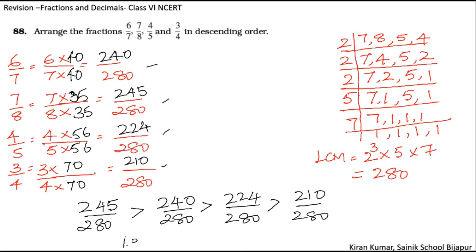That is, 245 by 280 is nothing but 7 by 8, greater compared to 6 by 7, which is greater compared to 4 by 5, which is greater compared to 3 by 4. Remember friends, this is the method you all must follow.